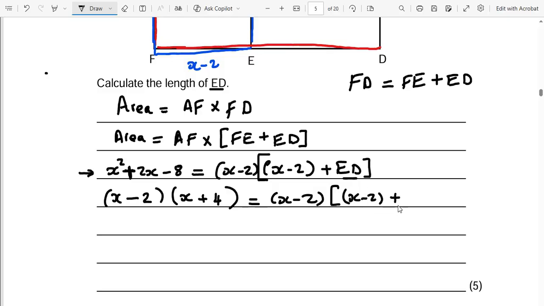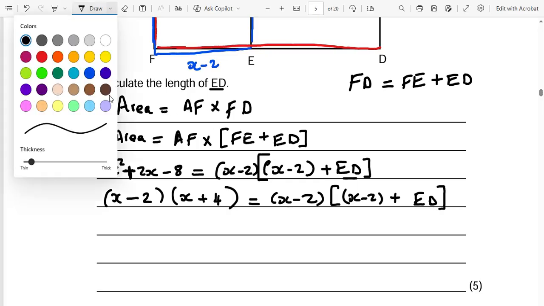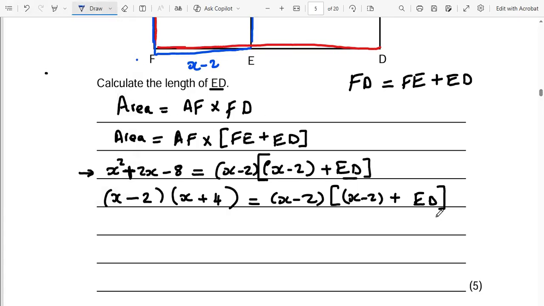The aim here is to make ED the subject of the formula. I think I can just divide both sides by that x minus 2 first. Divide this by x minus 2, and then divide this whole thing by x minus 2, because I'm trying to work out something here.